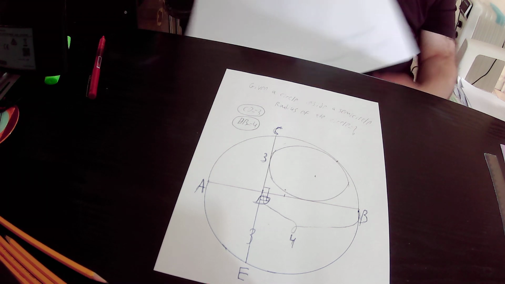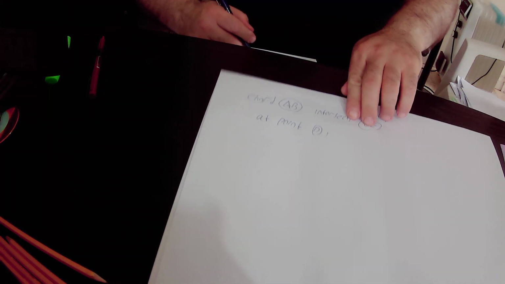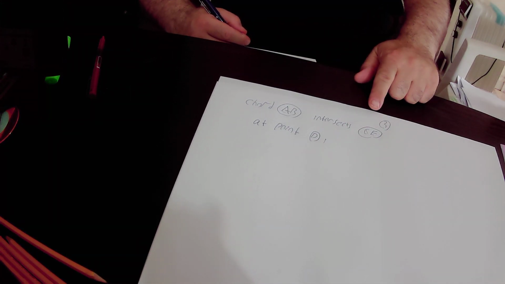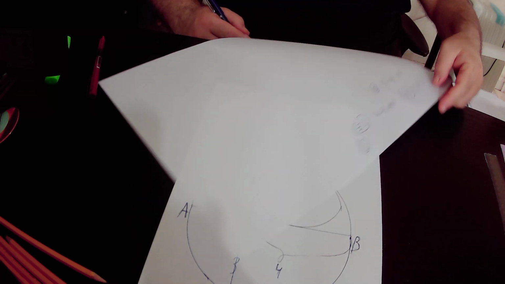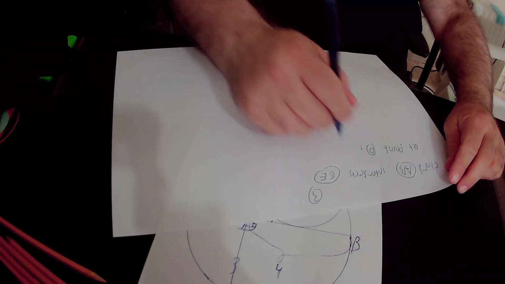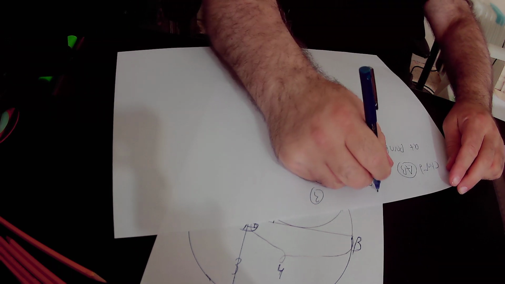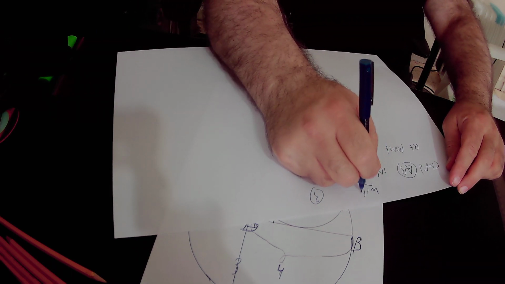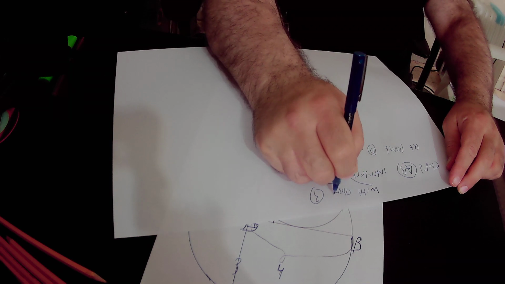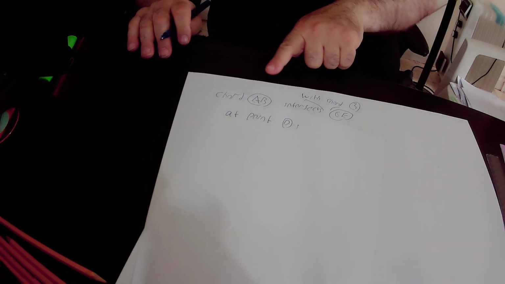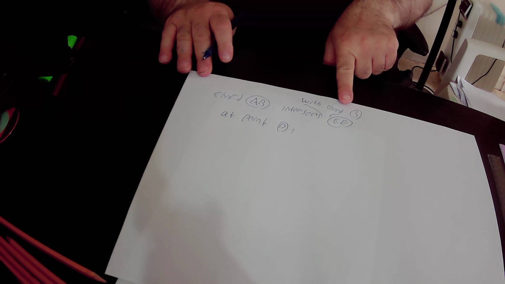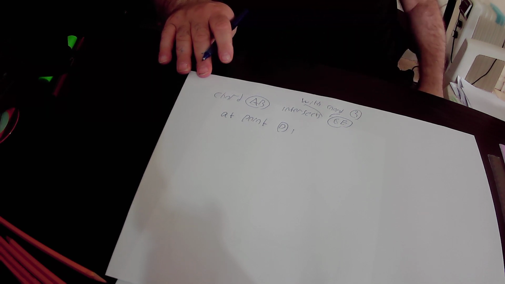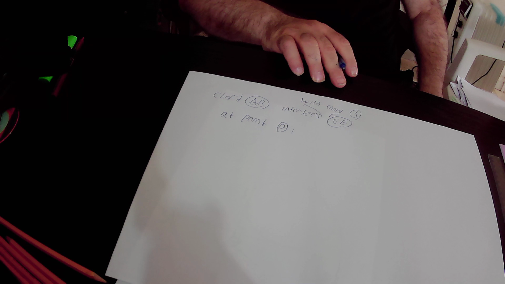I'll repeat again. Chord AB intersects with chord CE at point D. Point D is the intersection point of chord AB with chord CE.